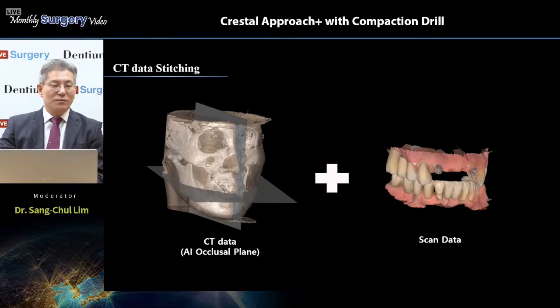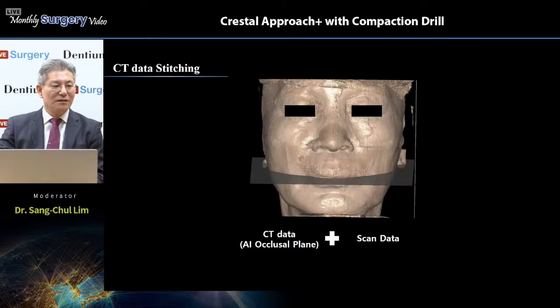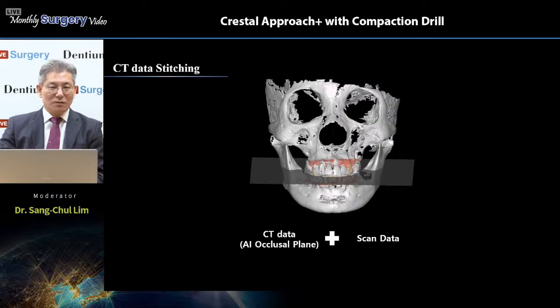From the Dentium CT data, the AI occlusal plane was given, and the scan data already given are merged and stitched automatically, and we can get a very nice and ideal occlusal plane, central line, and lip support. All of these were done in this program.